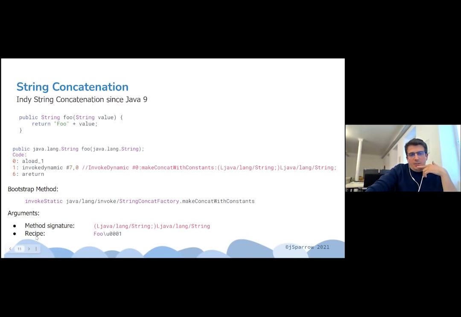Additionally, a parameter to the bootstrap method is also the recipe, which can be seen as a string template, which contains together constants and placeholders for variables that would be concatenated with each other.